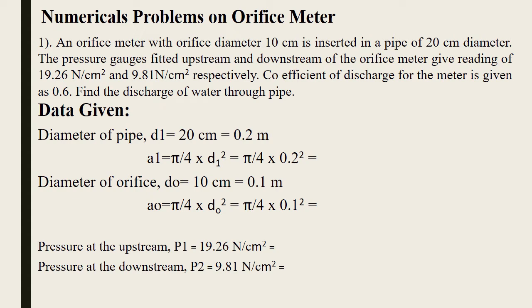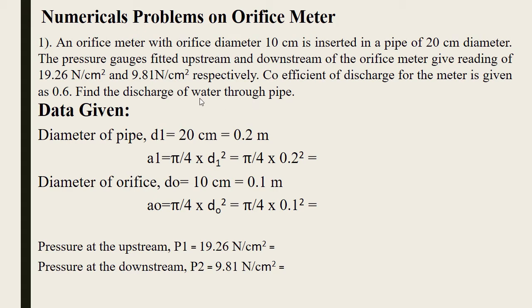So here P1 is 19.26 Newton per centimeter square and P2 is 9.81 Newton per centimeter square respectively. Coefficient of discharge for the meter is given as 0.6. Find the discharge of water through the pipe.